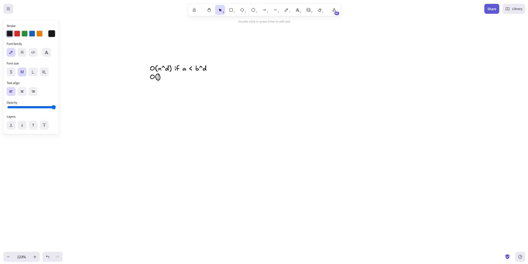We have O of n to the power d times log n if a is equal to b to the power d, and we have O of n to the power log base b of a if a is greater than b to the power d.